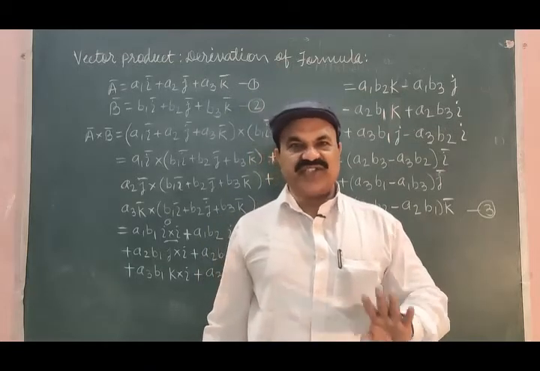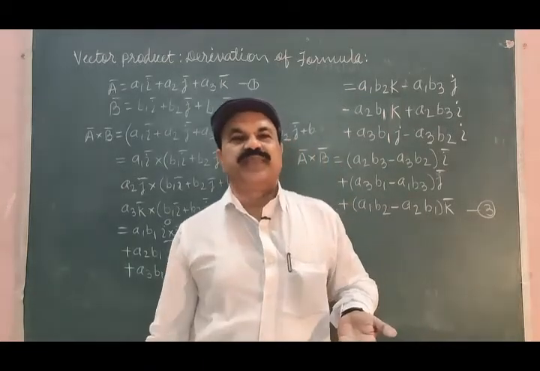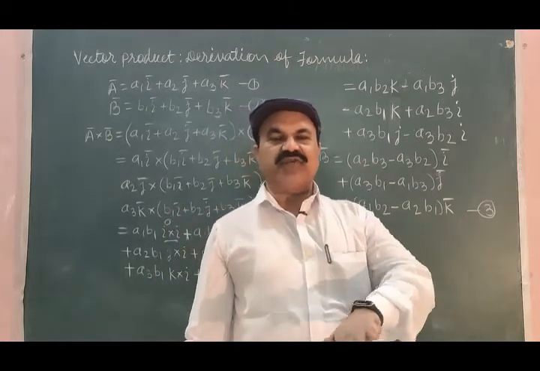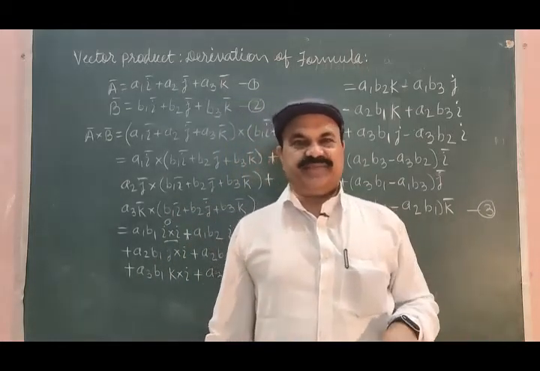Therefore, I cross j is equal to k. Opposite of this, j cross I is equal to minus k.